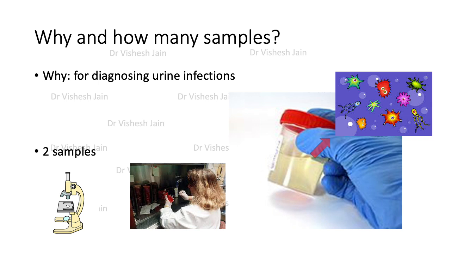After a couple of days, we are able to identify the bacteria and also the antibiotics that will be effective in treating it. So this collection of urine and subjecting it to routine and culture is done for diagnosis of urinary infections.